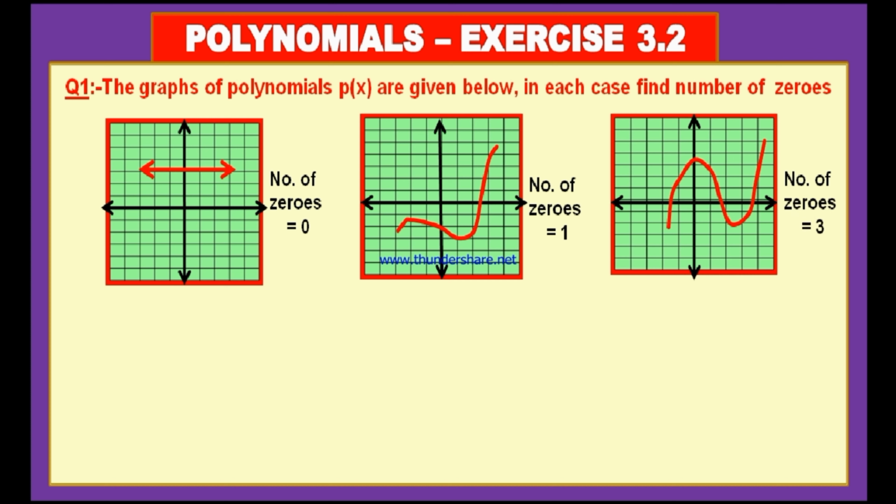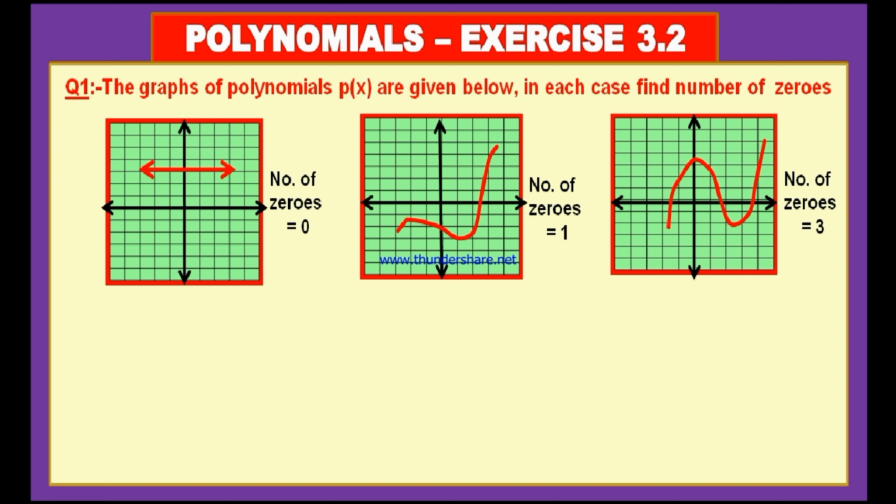Please keep in mind, in whatever graph is given, in order to find the number of zeros of the given polynomial, we have to verify at how many points the given graph is intersecting the x-axis. The number of intersecting points is equal to the number of zeros. Why is it so?